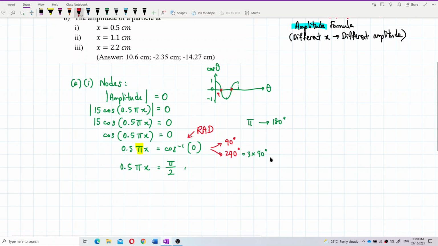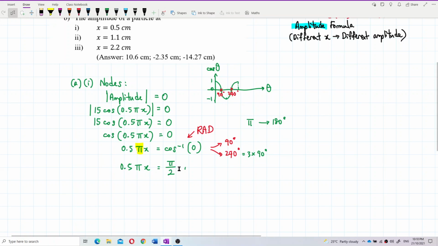So this is 90 degree and this is 270. 270 is 3 times 90 degree.